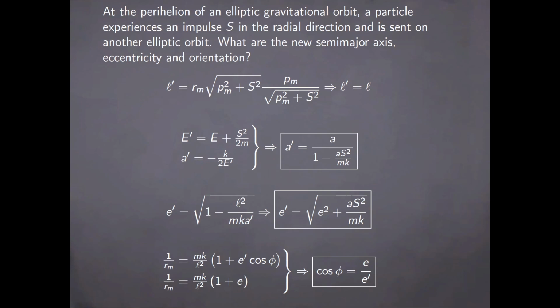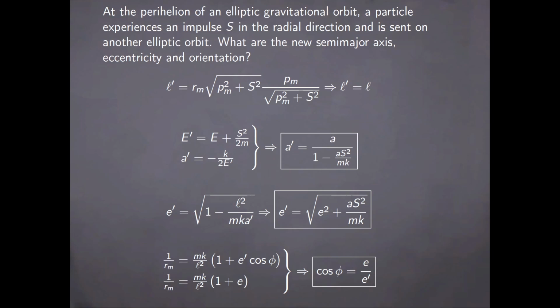Then if we look at the new energy, the new energy E prime is just going to be equal to the old energy plus the contribution of this impulse, which is just s squared divided by 2m, where m is the mass of the moving particle.